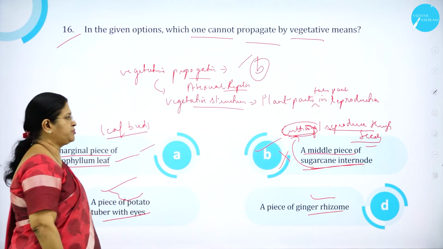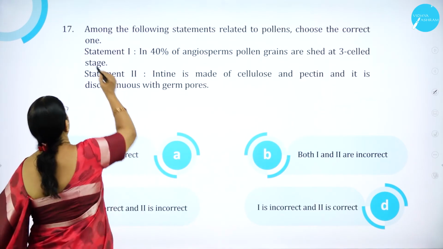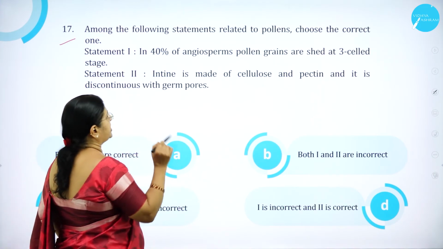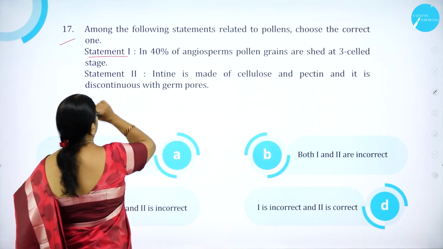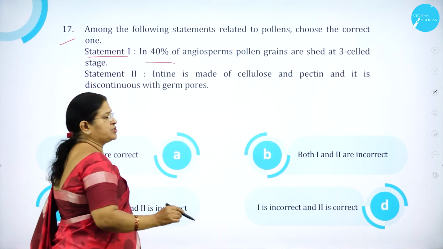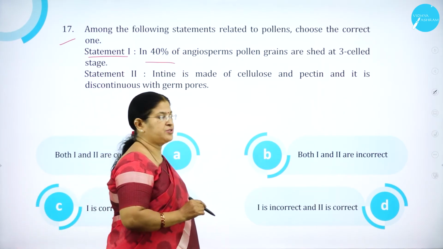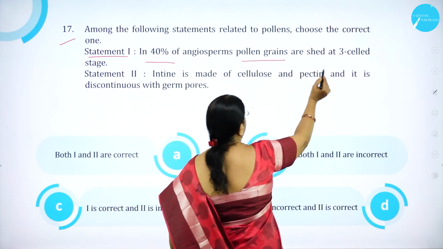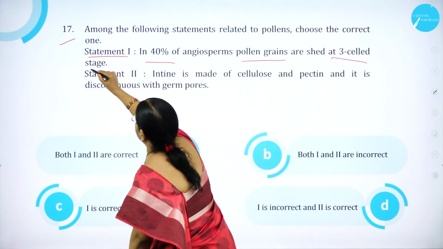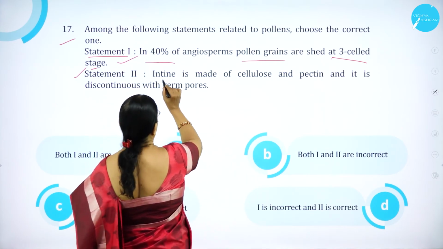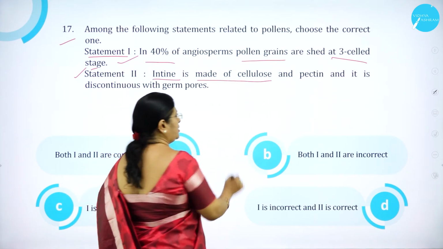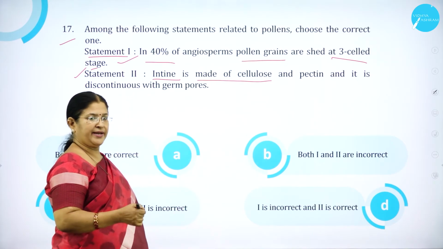Option B. Question number 17. Among the following statements related to pollen, choose the correct one. Statement 1: in 40% of angiosperms, pollen grains are shed at the 3-cell stage. Correct. Intine is made up of cellulose and pectin. Correct.